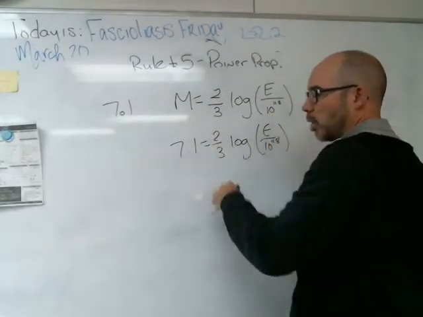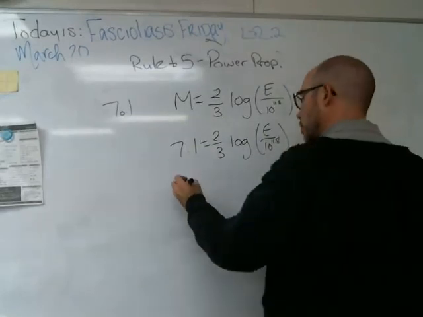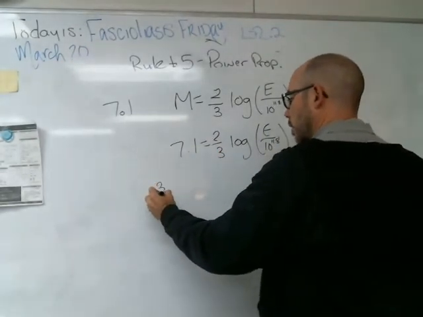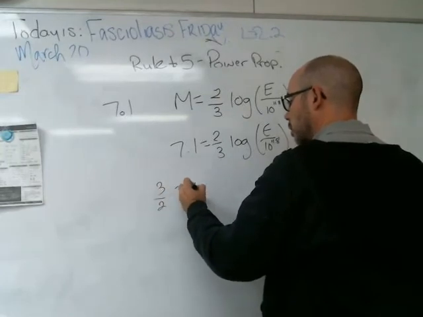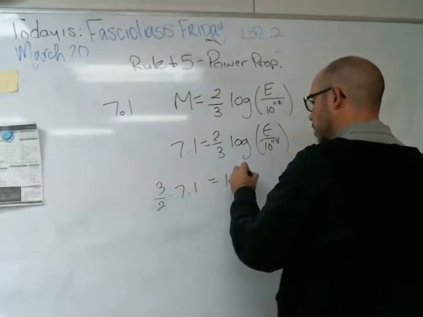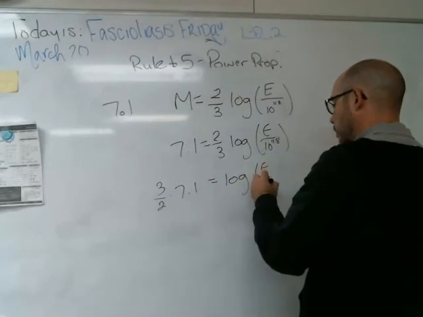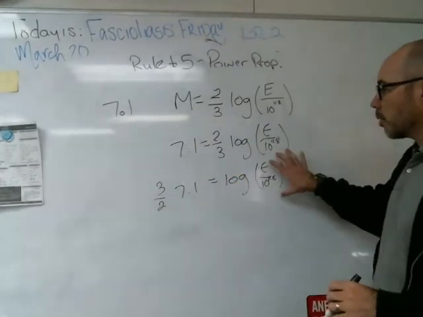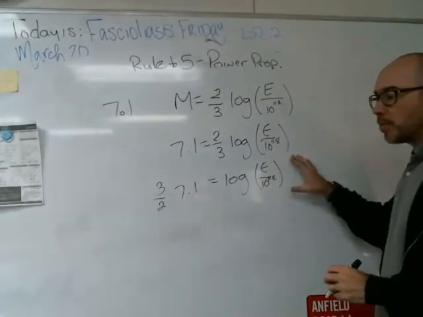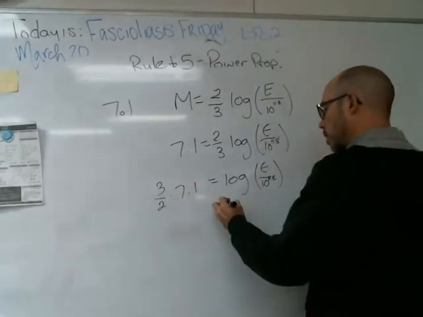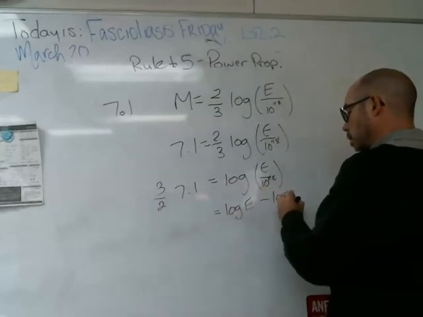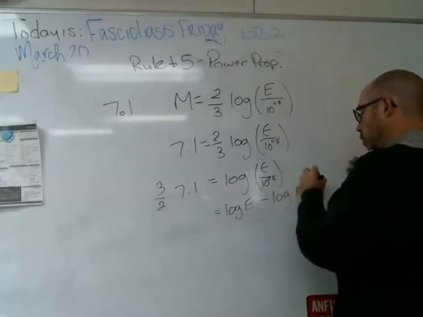I can multiply by 2/3 for starters, by 3/2, sorry, to get that to move to the other side. So I'm going to leave all this business here and just do this one bit at a time. Second thing is I can rip this thing apart into two pieces. I can rip this apart into the log of e minus the log of 10 to the 11.8.